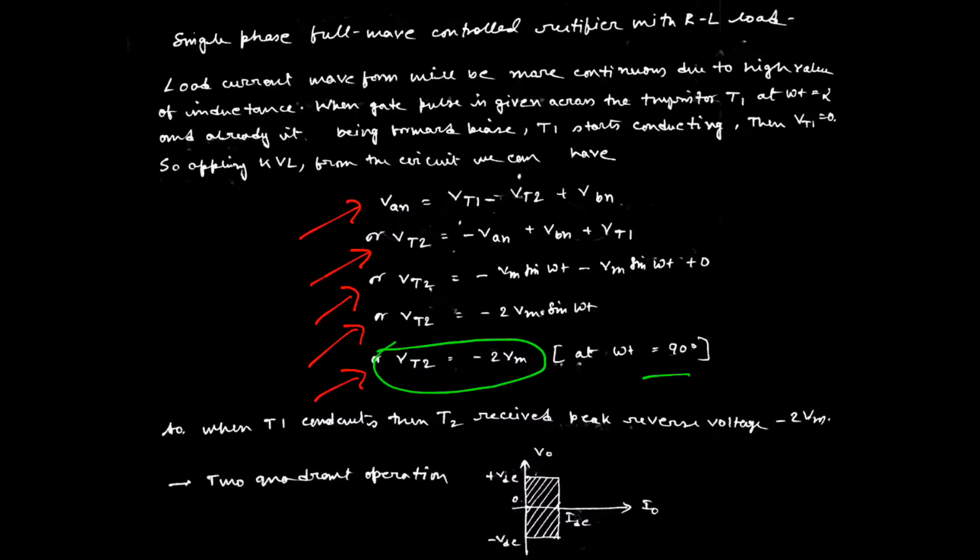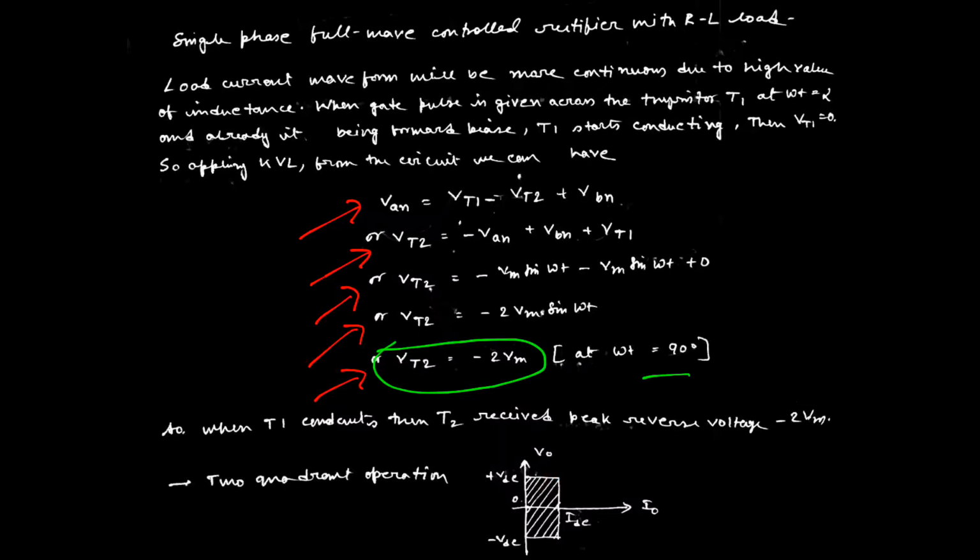When the inductor is fully charged, it starts discharging. During charging of the inductor, the supply voltage and the inductor current are both positive. That is why it covers the first quadrant operation. Then the power is transmitted from the supply to the load.